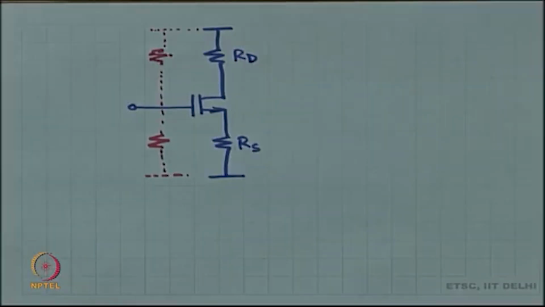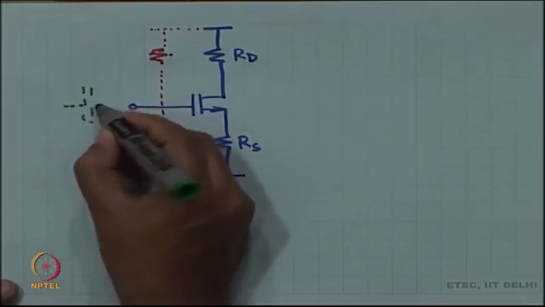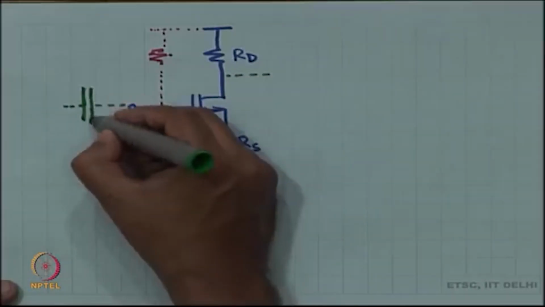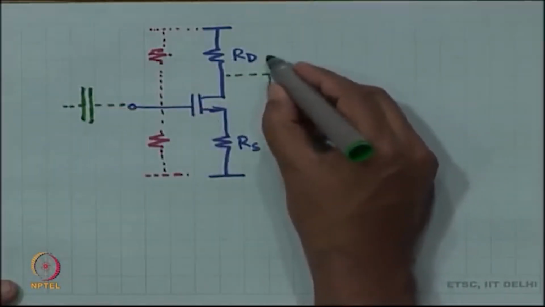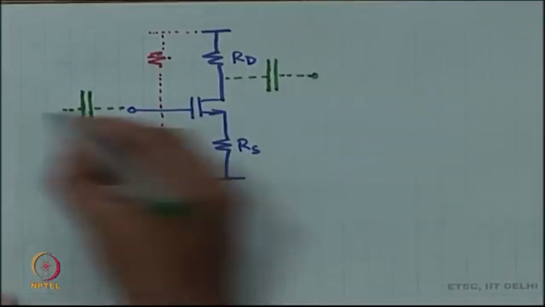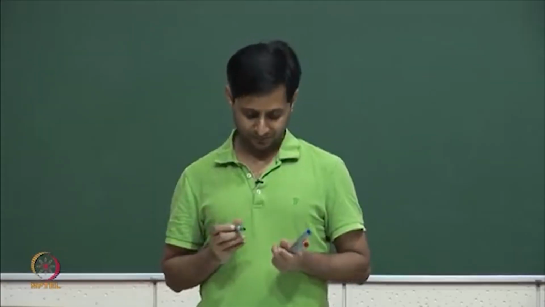And then what did we do? We had the capacitors to couple the signals. So, we had an input capacitor to couple the signal in, we had an output capacitor to take the signal out. In the small signal equivalent picture, these capacitors are short circuits.